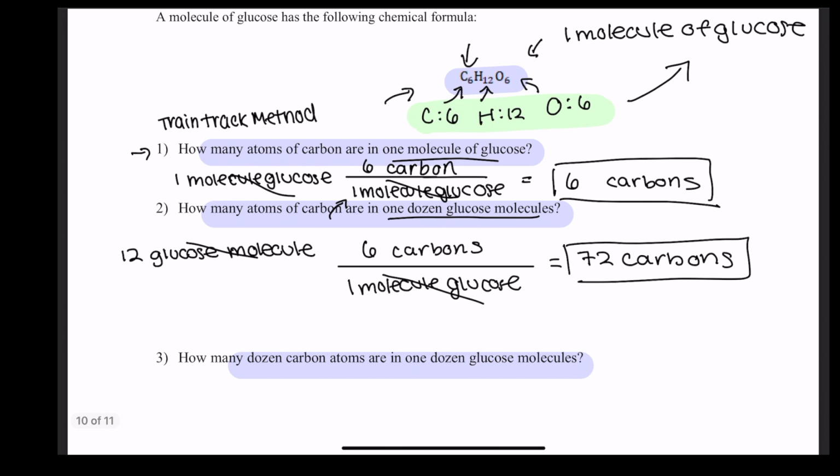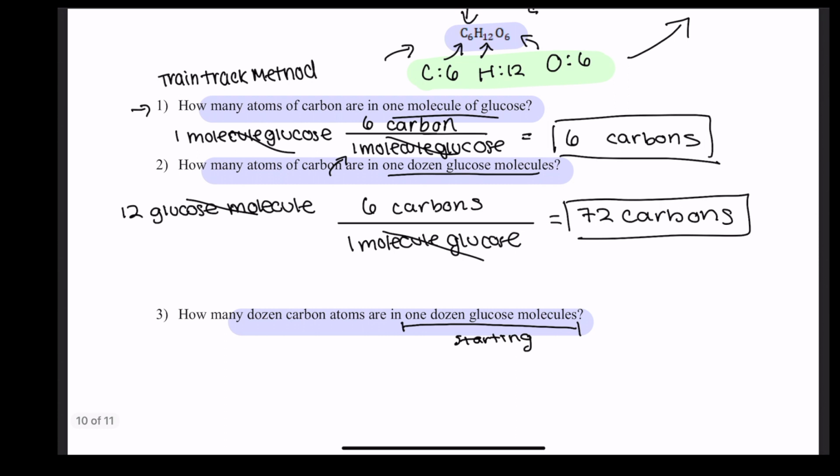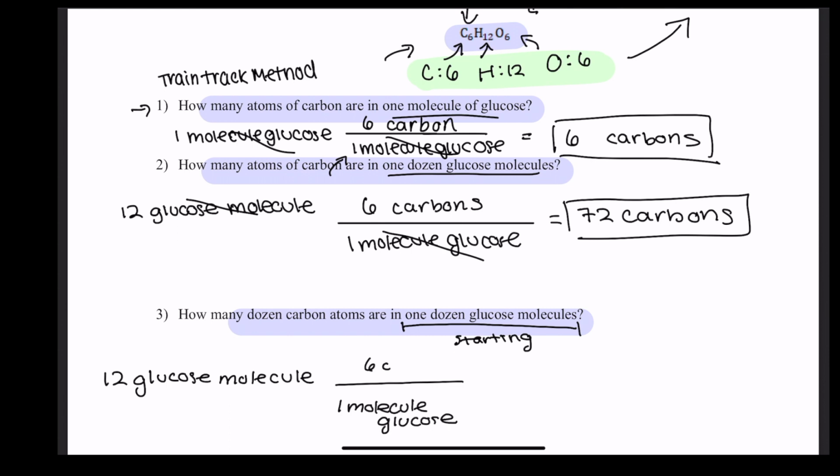Now our last question says, how many dozen carbon atoms are there in 1 dozen glucose molecules? This is our starting material, so we're going to do the same thing as we did in question number 2. 12 glucose molecules divided by 1 molecule of glucose is 6 carbons.